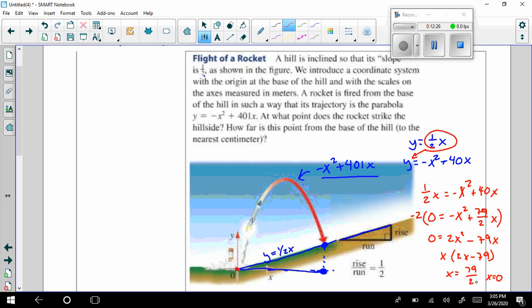When x equals 79 over 2, which is this horizontal distance that we were looking for, we want to know what is the y value here of the point of intersection. So we plug that in up here. So we get 1/2 times 79 over 2 is 79 over 4, which is 19.75.